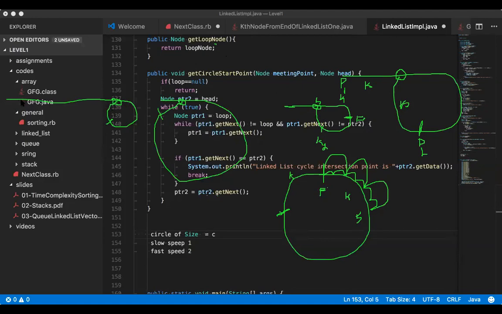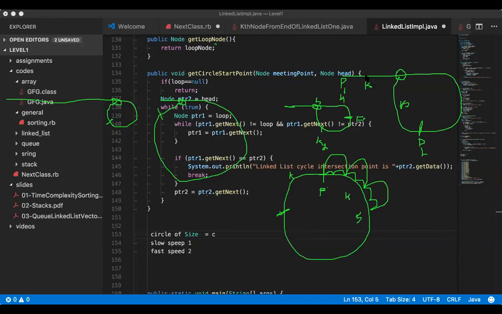What I'm saying is this bigger straight part is n into size of circle plus this extra part. I mean, this length L will be in the form of n into c, some lambda times of this size, plus k, if not equal.